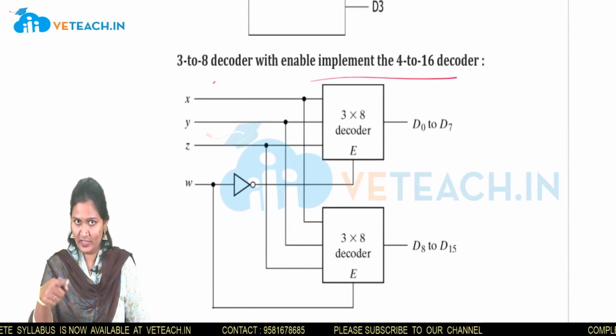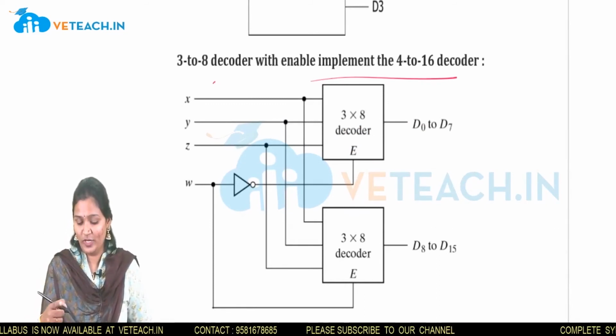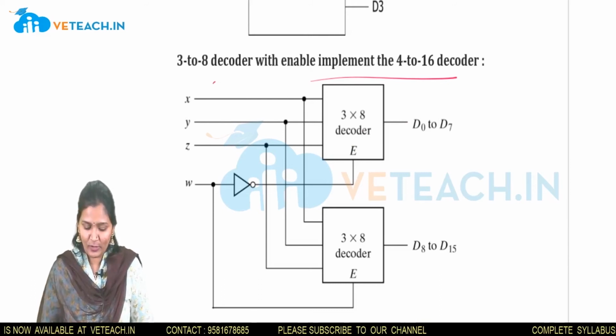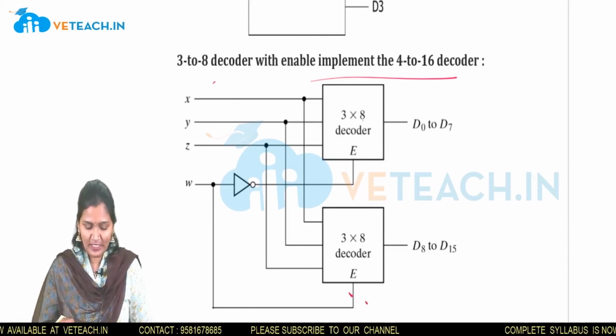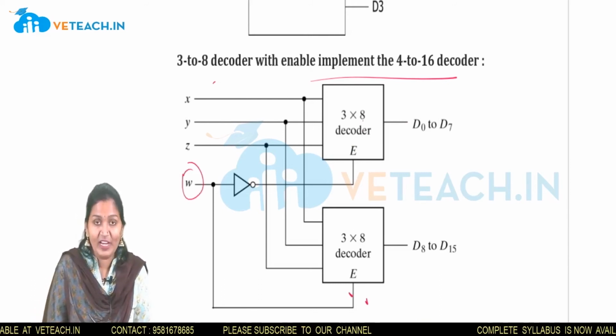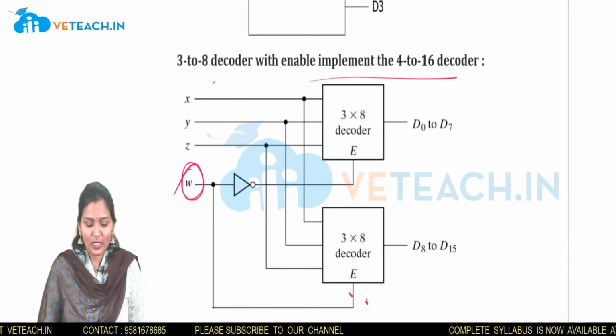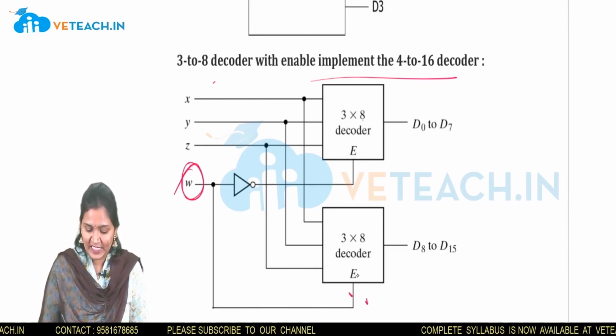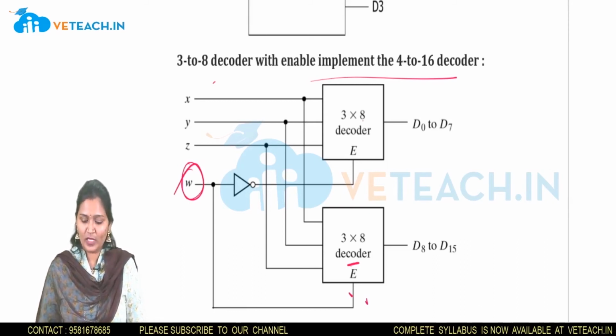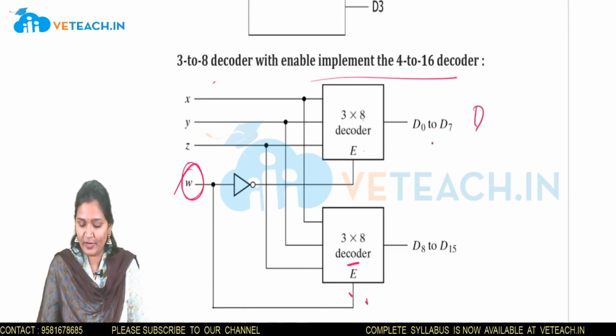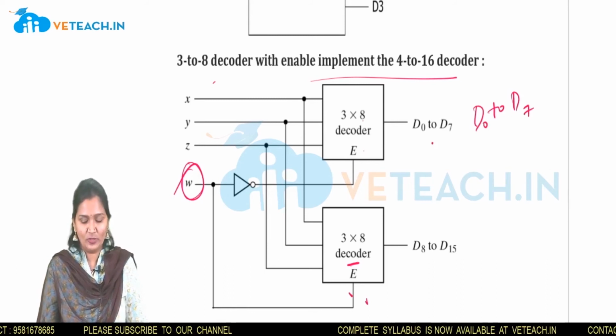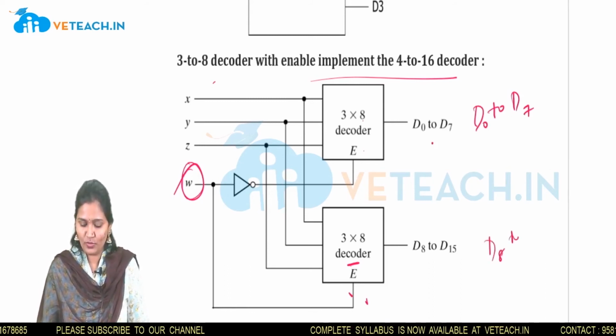I have said already just now, design a 4:16 decoder using 2 3:8 decoders. I have used 3:8 decoders and 1 enable button, 1 is E and 1 is E bar. From here we get D0 to D7 values and here we get D8 to D15.